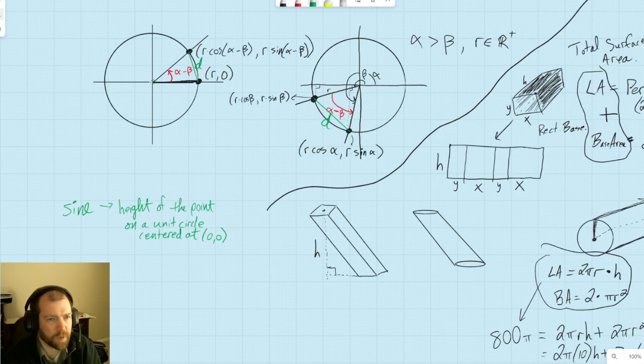Because we have these points at 0, 0 that are the centers of the circle, we want to know what the height is of this point as it moves around the circle. The height of that is given by the sine function, usually written sin.